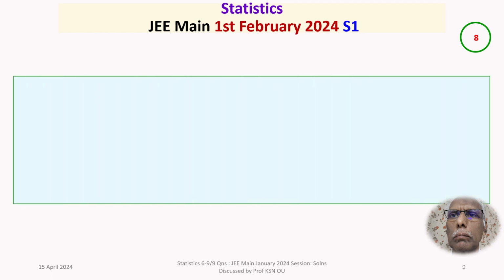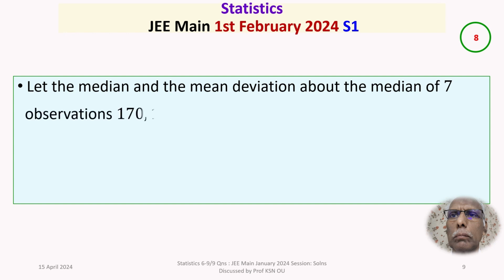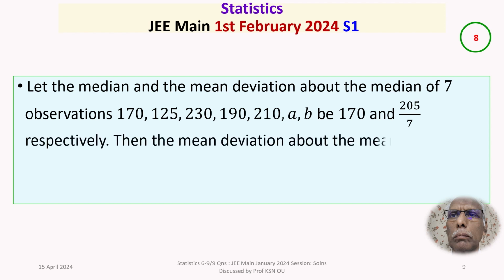The given question is: let the median and the mean deviation about the median of 7 observations, the observations being 170, 125, 230, 190, 210, A, B, 170, be 170 and 205 by 7 respectively.